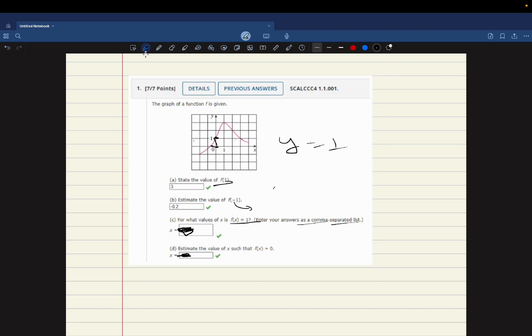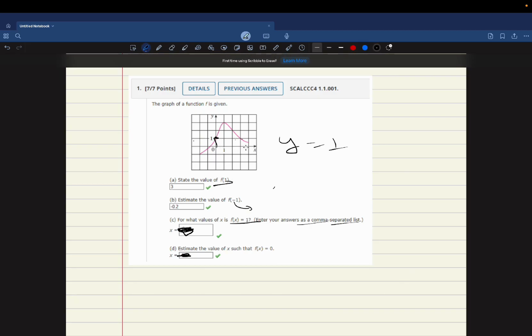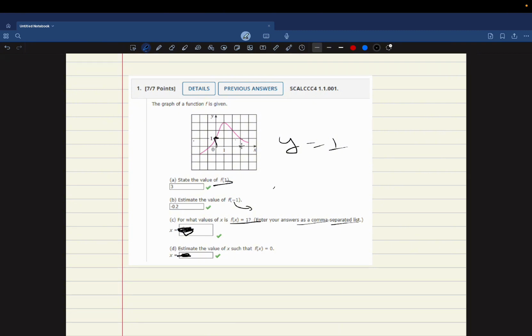So here you can see, 1 is this point, and then another one is this point. So when x is at this point, the value of y is 1, and also when x is at this point, the value of y is 1. So the answer should be 0 comma 3. Okay, so let's reveal the answer, and it is indeed 0 comma 3.